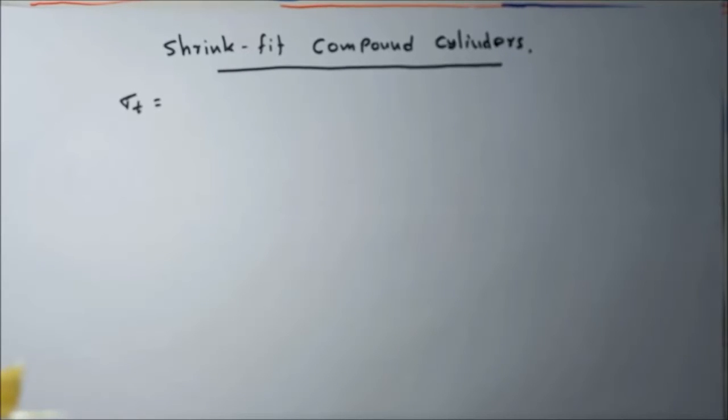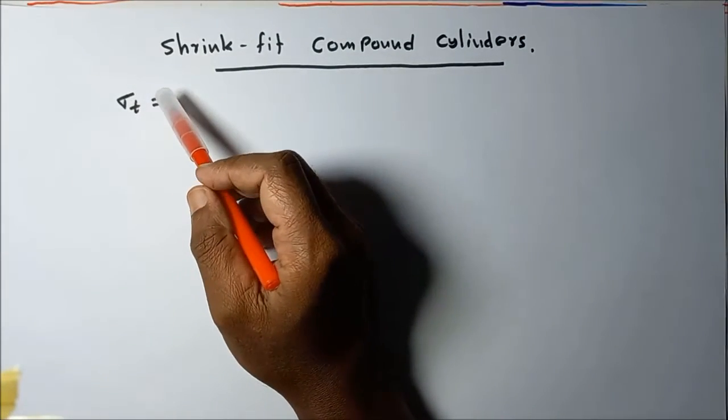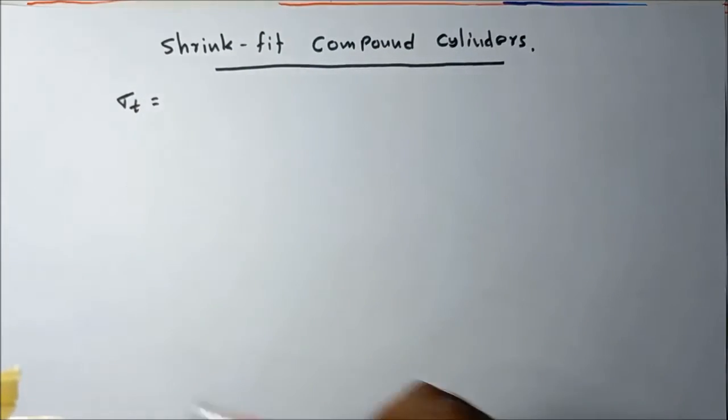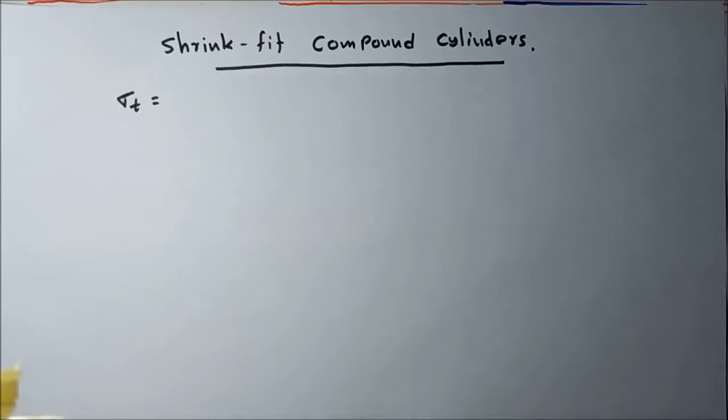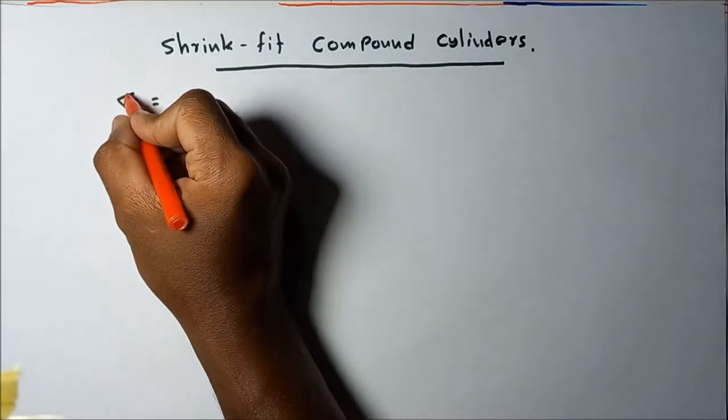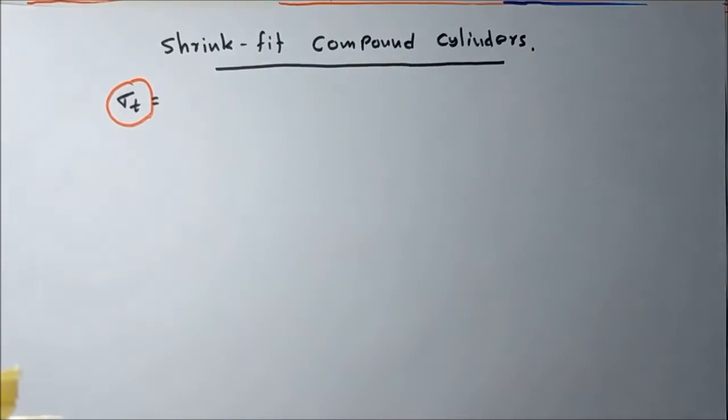The objective of shrink fitting is to reduce sigma t. By reducing sigma t we can reduce the maximum principal stress developed, and also the maximum shearing stress developed.